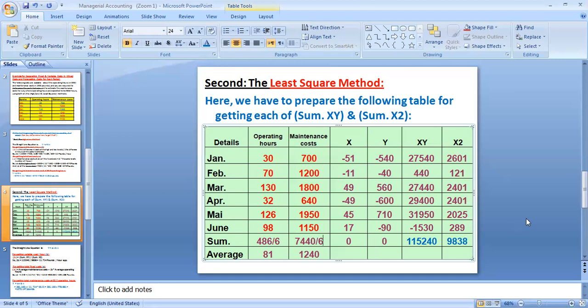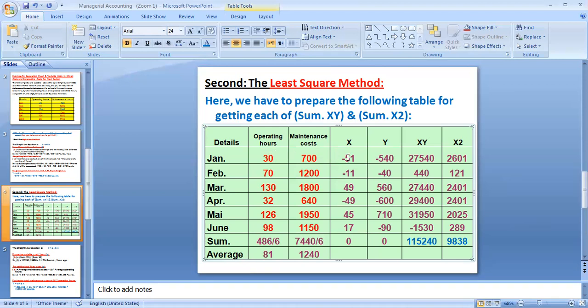Again, how to prepare this table? I have the hours; the summation of hours divided by their number, that is 6 months, gives the average, 81. If deducted from each number of hours for each month, it gives me x. Why do hours give the x?